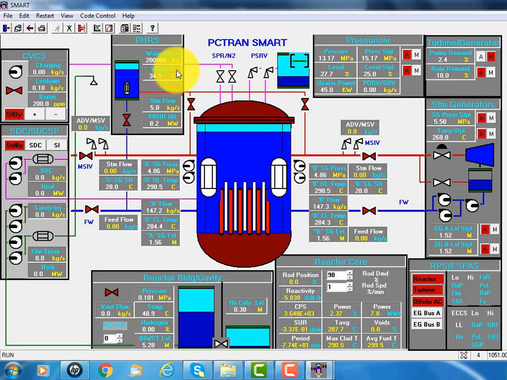So this pool will keep the reactor decay heat removed and the core submerged underwater for up to 3 days. All right.